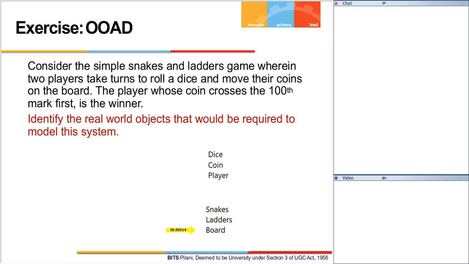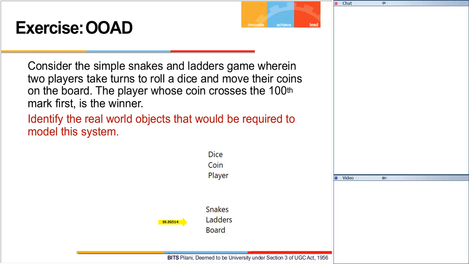Do we need domain concepts like snakes and ladders? This is what the question is. Okay, we're okay with dice, we're okay with coin, we're okay with players, and we're okay with board also, right? Because we definitely need a board, which is a static board in this case, and we know that the coins will move across the board, right?